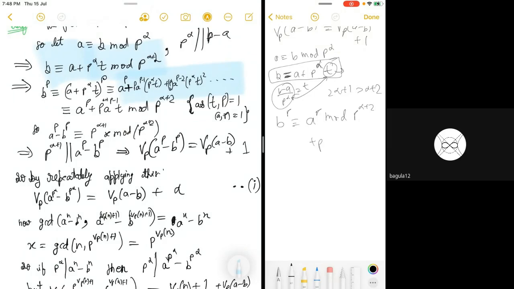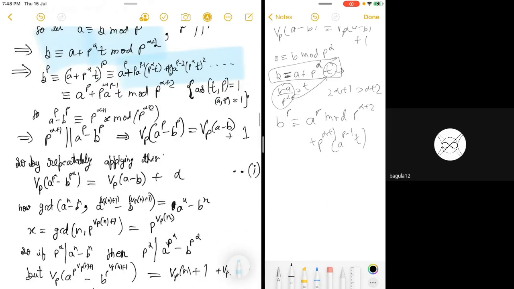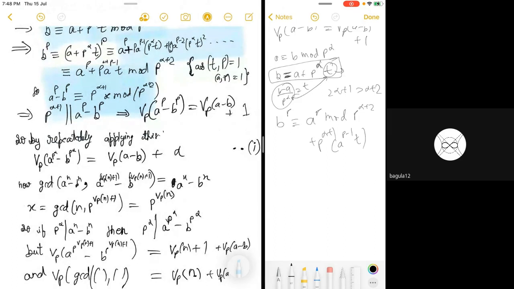Plus P to the alpha plus 1 A to the P minus 1 into T. Now that means A to the P minus B to the P is congruent to this, but X is coprime to P. This is because X is equal to T into A to the P minus 1, and both of these terms are coprime to P. So now that means that P to the alpha plus 1 exactly divides A to the P minus B to the P. This is because it divides A to the P minus B to the P, and P to the alpha plus 2 does not divide this.